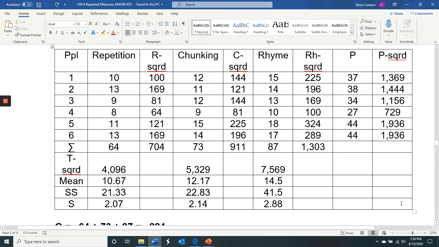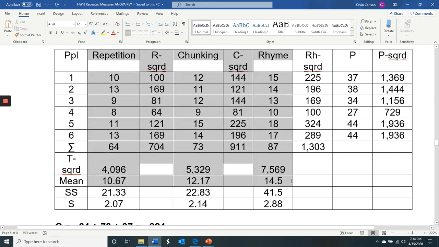So our first step, as usual, is to do the worksheet. And again, this part of the worksheet is exactly the same as what we had done for the one-way ANOVAs.